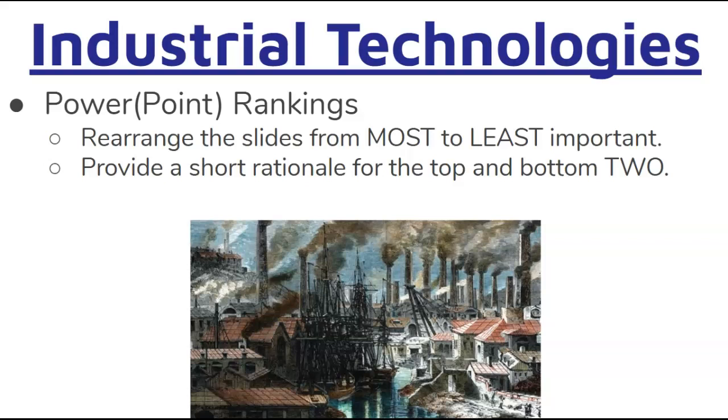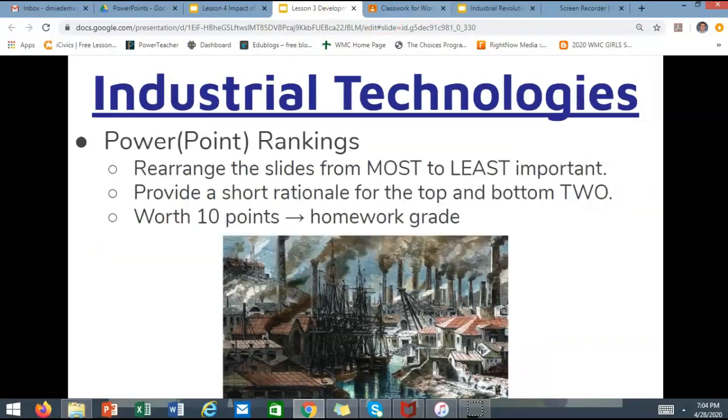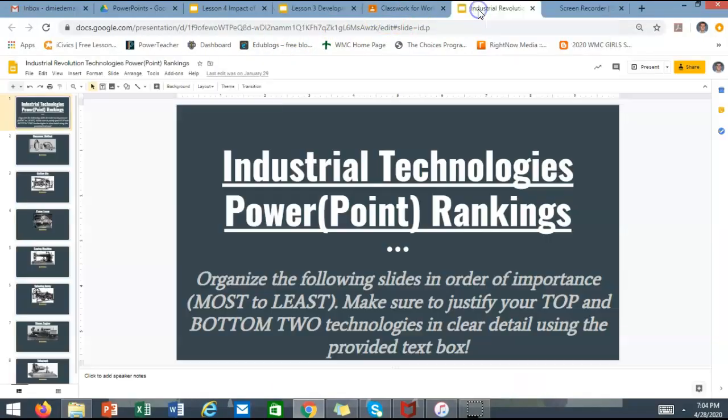The most important technology will be at the start, the least important technology will be at the end, and for your top 2, most important, and your bottom 2, least important, you will write a short rationale for why you put those as most or least important out of the bunch. So you do not have to do that for the middle 3, just the first 2 and the last 2. That will be worth 10 points. That'll be a homework grade for you, just to show you what that looks like. So this will be on Google Classroom.